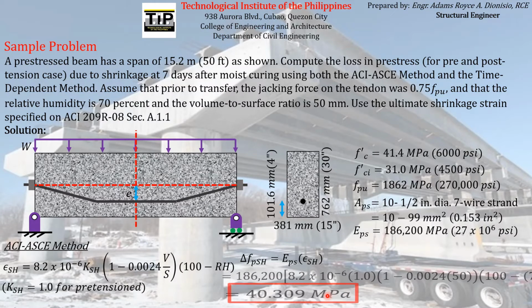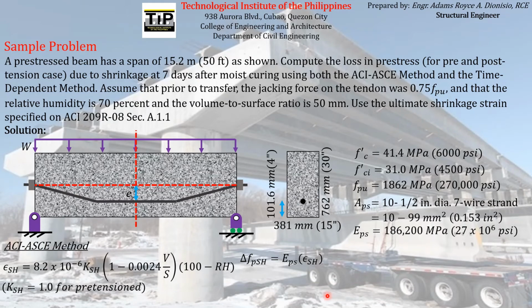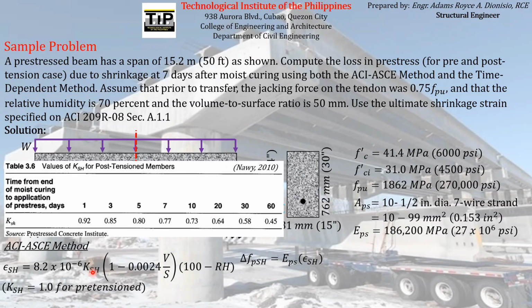So for the case of post-tension members, again still using the ACI-ASE method, we just have to change the magnitude of KSH since we have a different value of KSH for post-tension members specified by PCI, the Prestressed Concrete Institute.